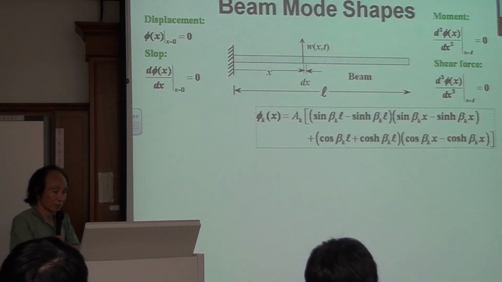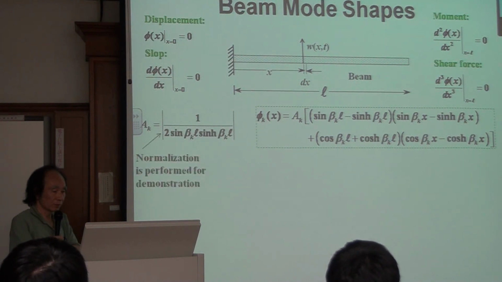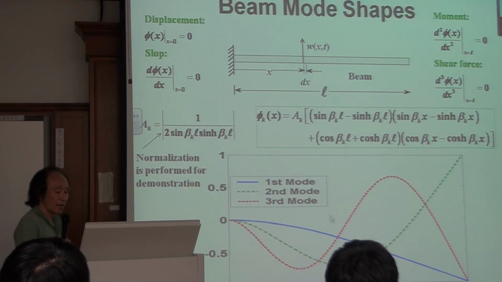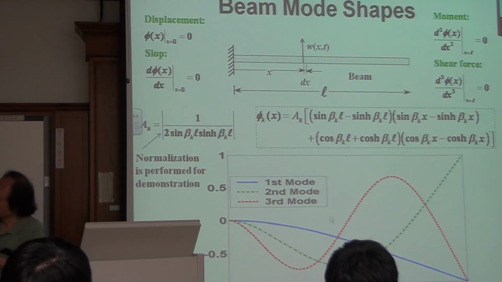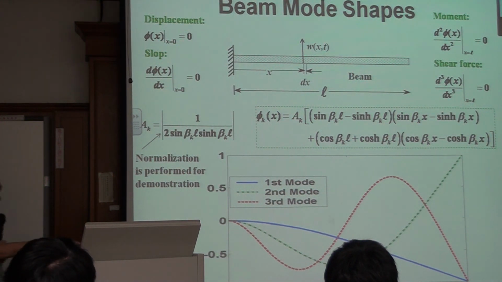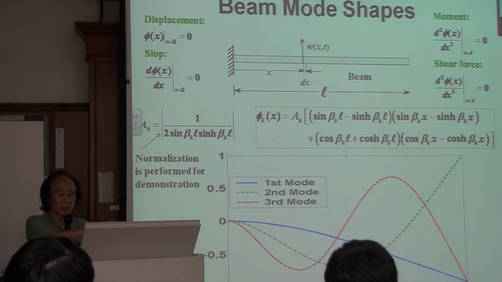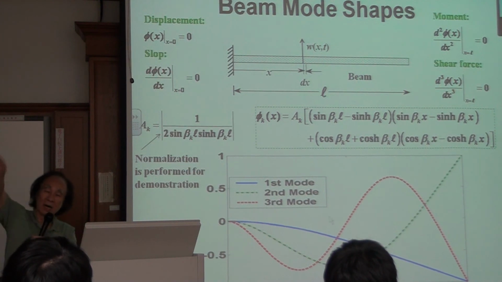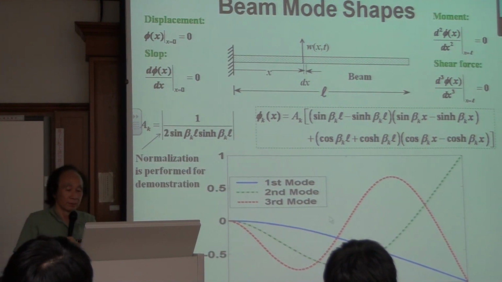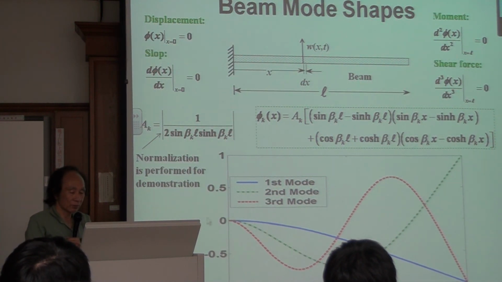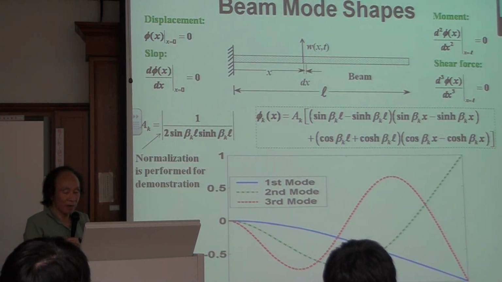All right? So, these are the mode shapes. If you look at this, the blue line is the first mode, just like my first column, 1, 1. If you look at this first mode, they are all the same in the same direction. At all x, they're all going down or all going up. The second mode, if you look carefully here, is going down and then up.